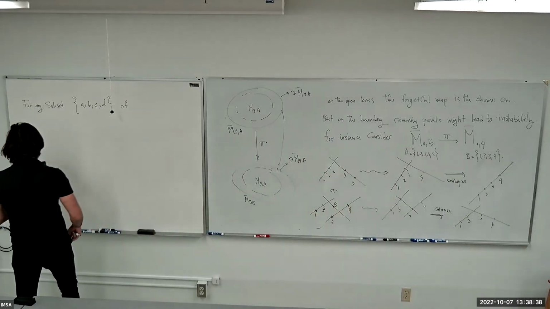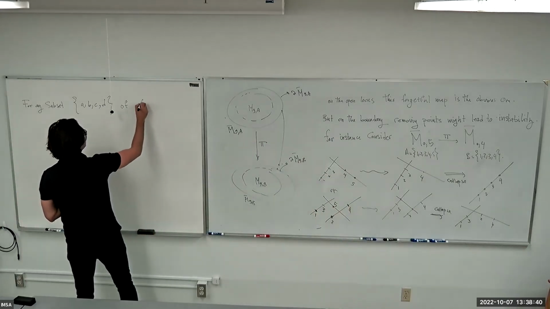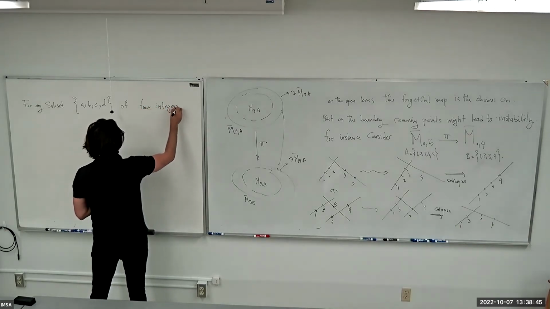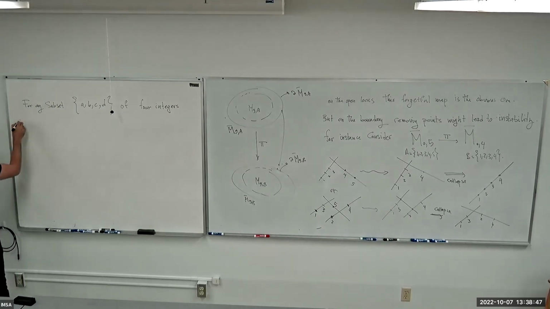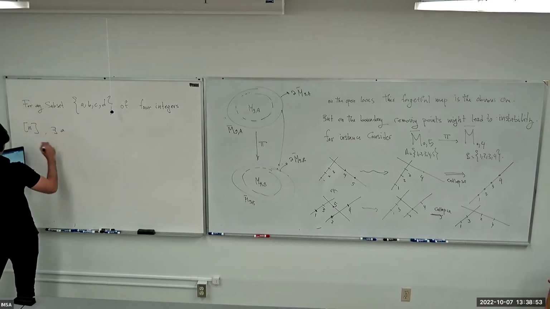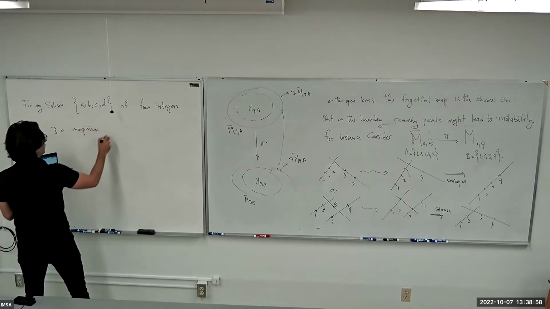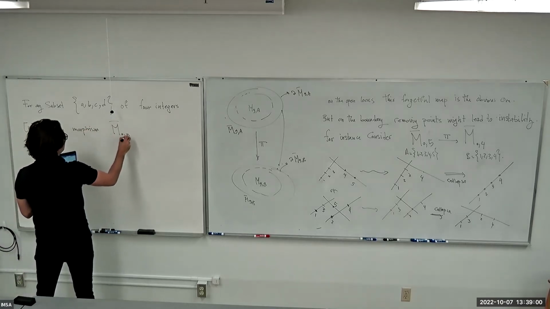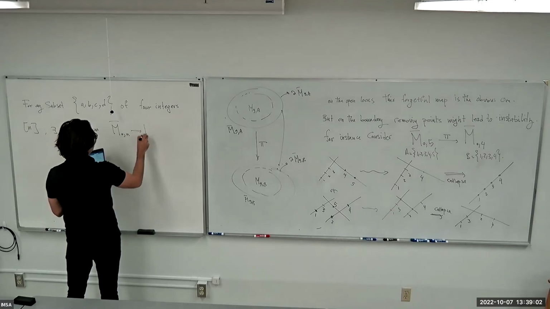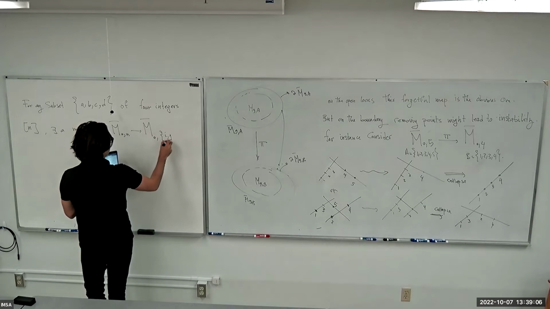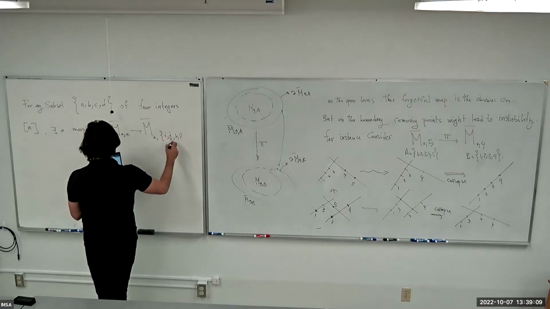For any subset i, j, k, l of 4 integers in n, there exists a morphism from M bar 0 n to M bar 0 ijkl.